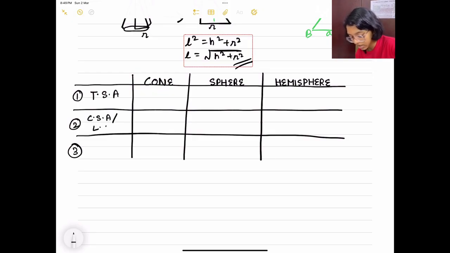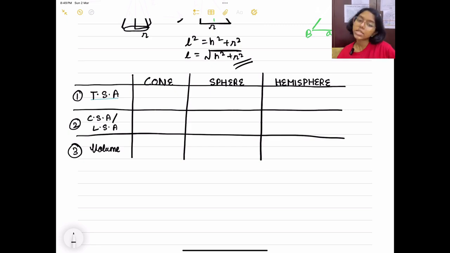See, there's no difference here. You can't say the word CSA, curved surface area, for a cone, because the cone doesn't have a curve. It's lateral surface area. It's basically like lateral, like straight line, almost straight. It's not curved like that of a hemisphere or a sphere, right? So that's why. And then we know volume. We need to find all these things.